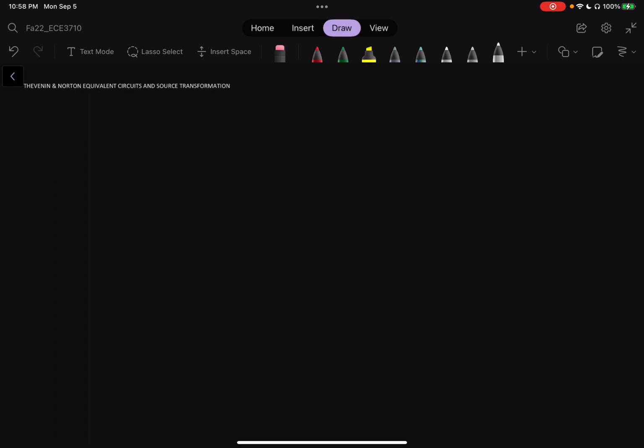So with Thevenin and Norton equivalent circuits, the big concept is you have a circuit, let's say CIRC for circuit, and let's say you measure the voltage at two random nodes, call it A, B, plus, minus.